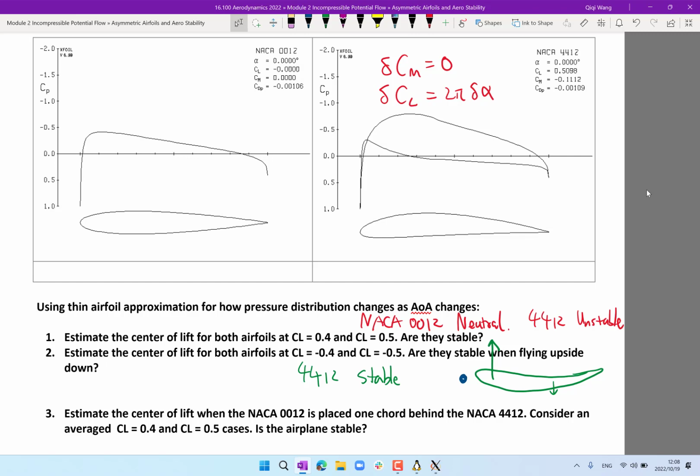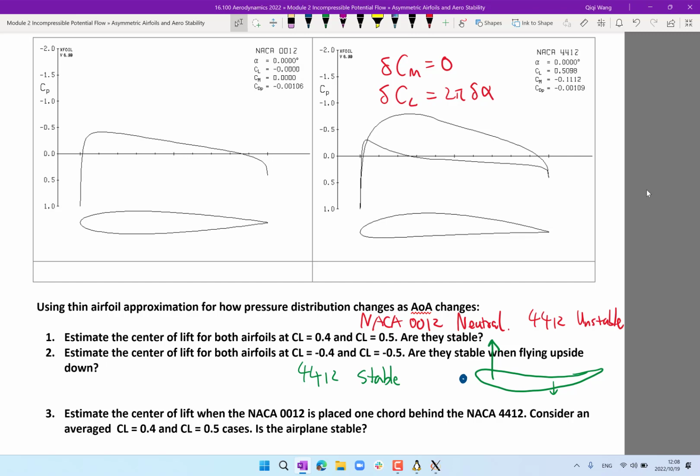But if the airfoil is thin enough and the angle of attack is small enough so that thin airfoil theory holds, then whether the airfoil is stable or not simply depends on the ratio of Cm and Cl being positive or not. Right? So if the ratio between Cm and Cl is negative, as in this case, the airfoil is unstable.